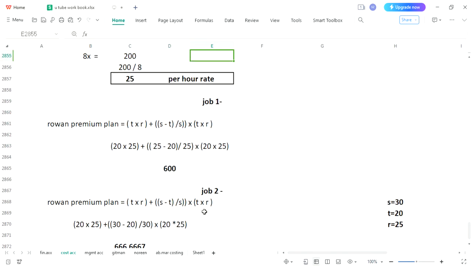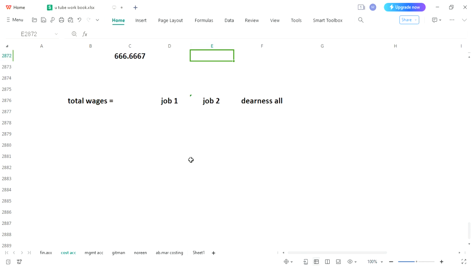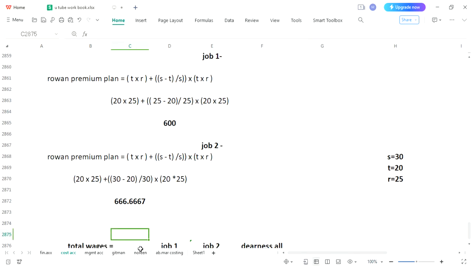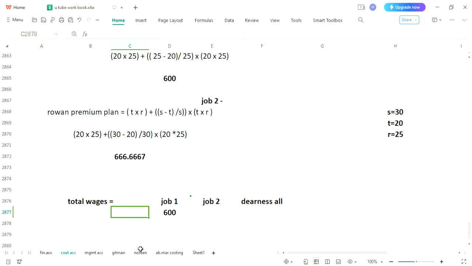This was your job number 1 and you have calculated 600 as the amount of wage. Put 600 over here. And this was your job number 2, and you have calculated 666.66. You can put the same answer.